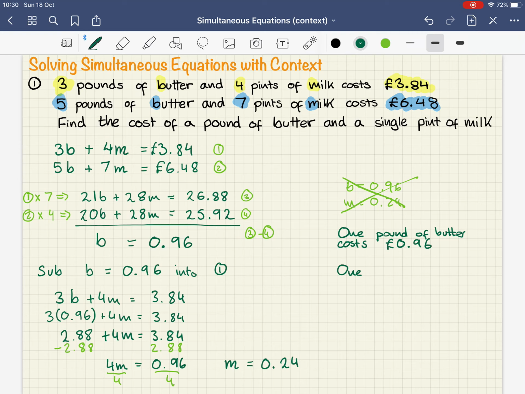And 1 pint of milk costs 24 pence. And so that is required to get the final mark for this question. Okay, so let's take a look at one more context question.